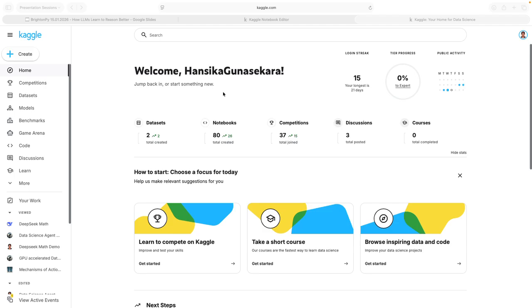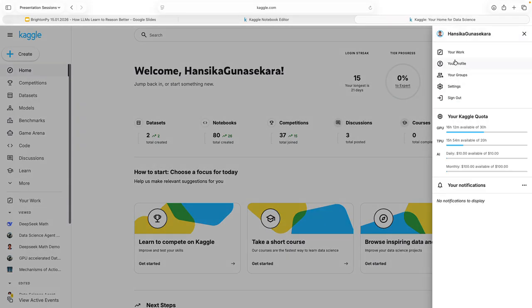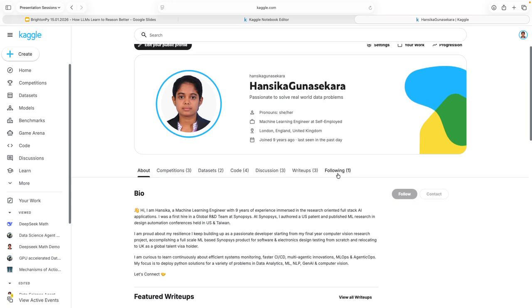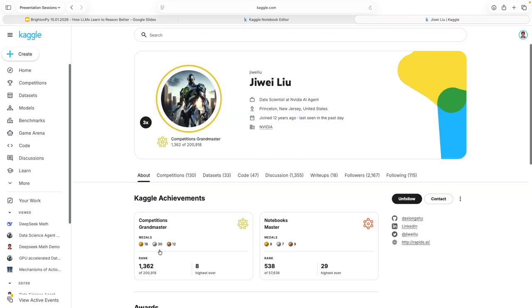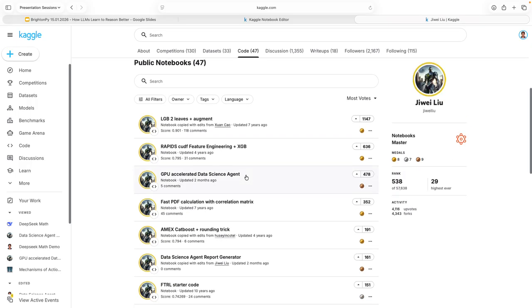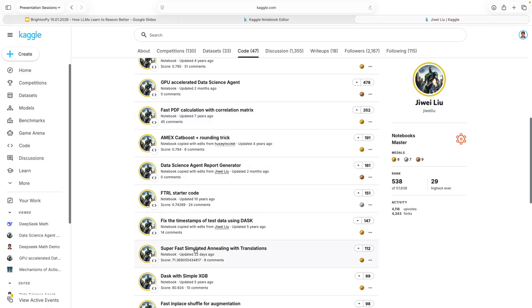So next, I will show you how to copy and edit a Kaggle public notebook. Here I will open someone else's notebook. Under the code section, there are many public notebooks available.